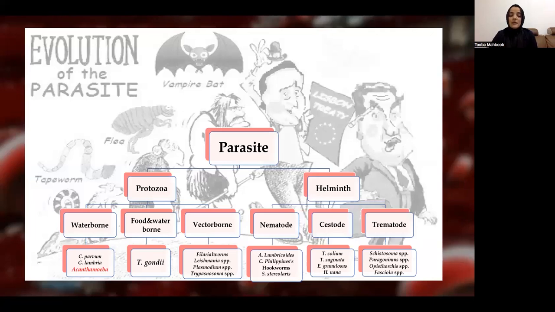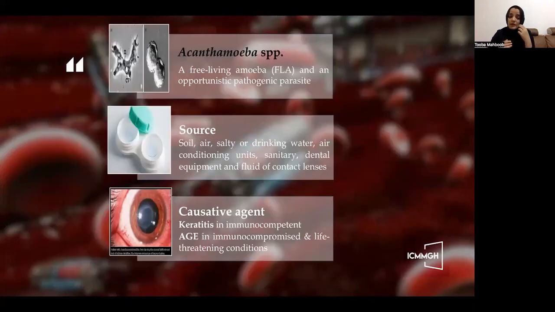Basically, Acanthamoeba comes under the protozoa class of parasite, and it is classified as a waterborne parasite along with Cryptosporidium and Giardia. Acanthamoeba are free-living amoebas, and they are considered opportunistic pathogenic parasites.